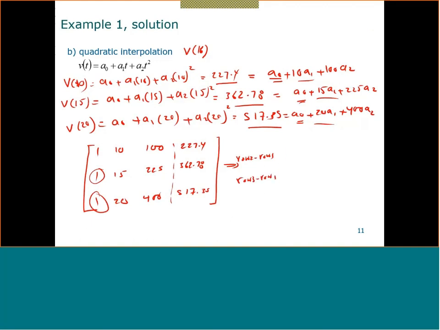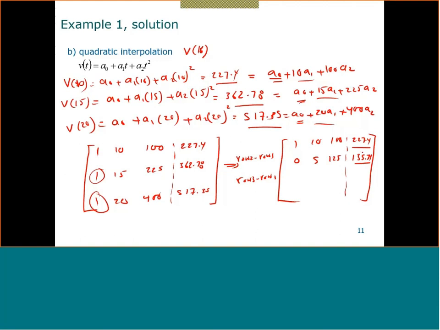Okay, so of course, the first line, nothing happened to it. Then this will become 0, 5, 125, 227.4... 135.74. Now, it depends how many significant digits I ask you to keep.